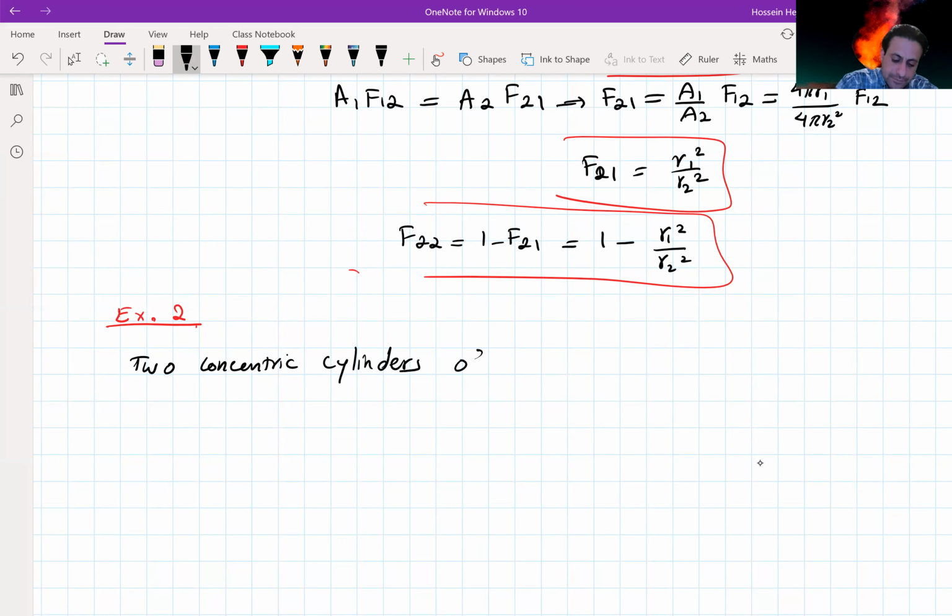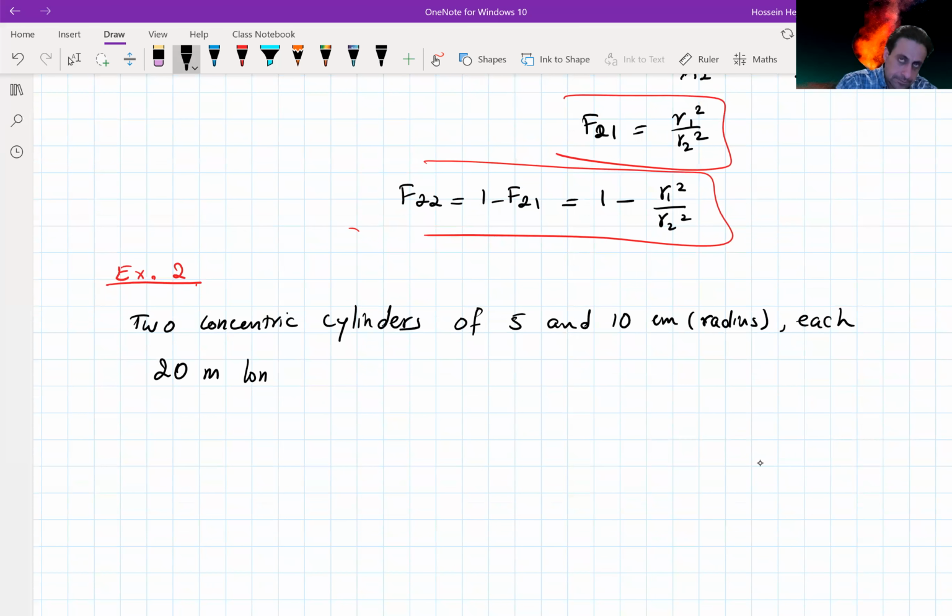The radii of them are 5 and 10 centimeters, so this is the radius, and each of them is 20 centimeters long. Now, let's calculate the view factors here.